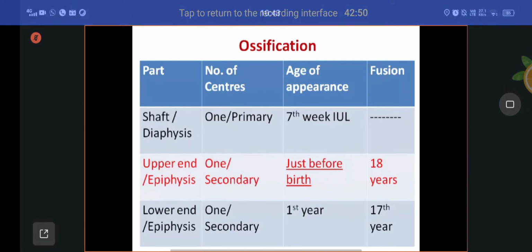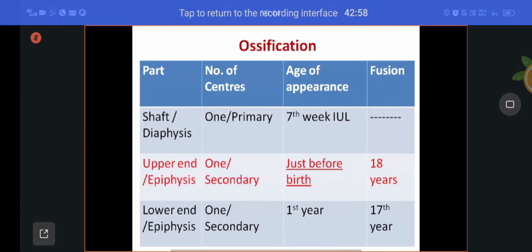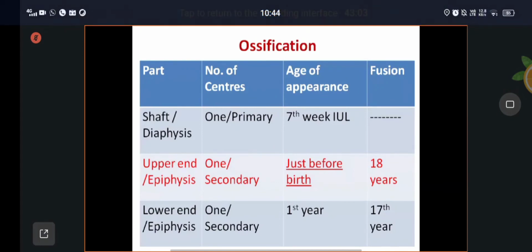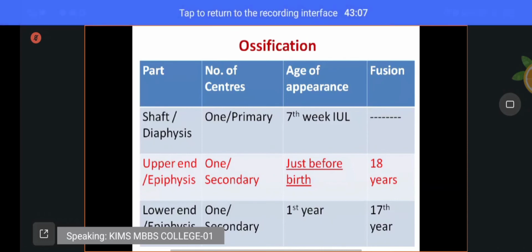Before it is fully developed, it is called diaphysis. The two secondary centers give rise to the upper end and lower end, two or more than two. But in the tibia, the upper end has one secondary ossification center and the lower end has one secondary ossification center.